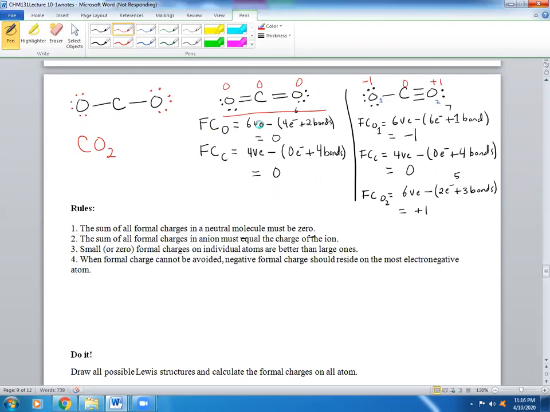And there's no separation of charge. So this one would be the better structure based on rule number 3. 0, 0, 0. Therefore, this is the correct structure: carbon with 2 double bonds to the oxygens.